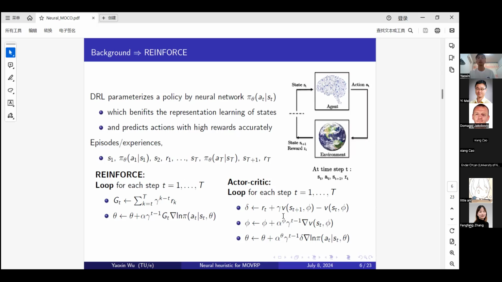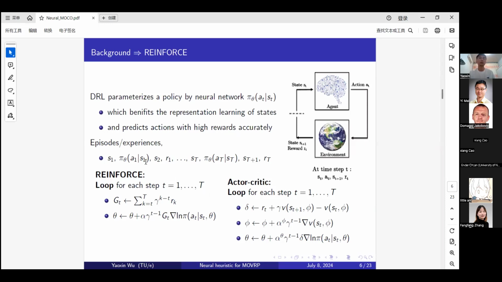So here I gave two typical reinforcement learning algorithms. One is called the REINFORCE algorithm, and another one is actor-critic. I would not give too much detail, but REINFORCE is a Monte Carlo sampling method.